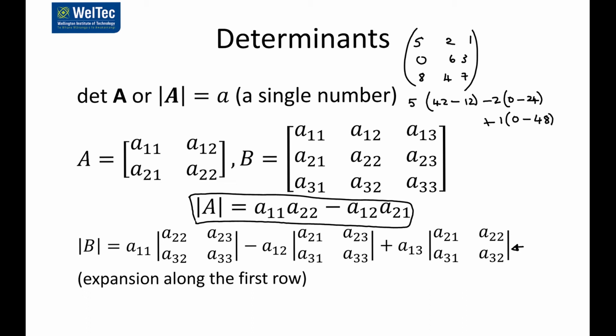And if we do all of that, our determinant, if this is A, is 150. So the determinant of that is 150.